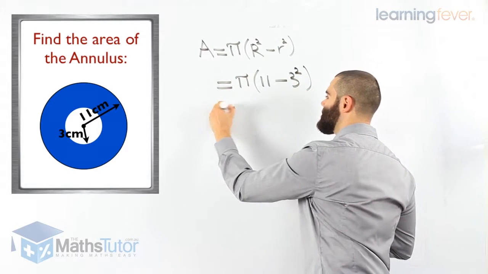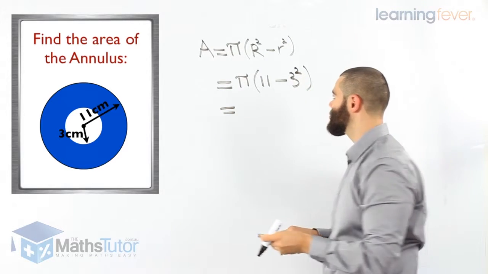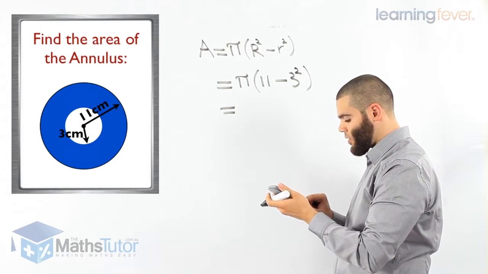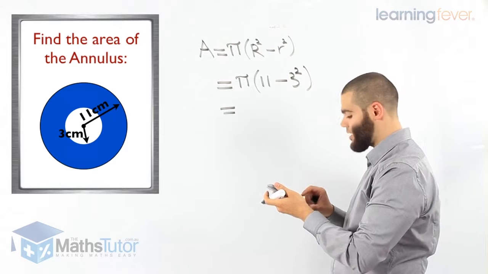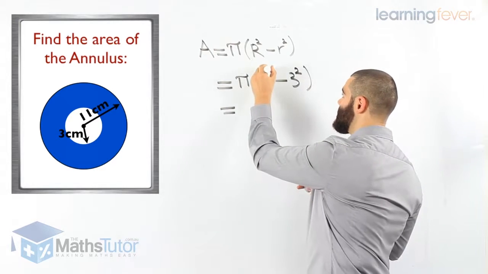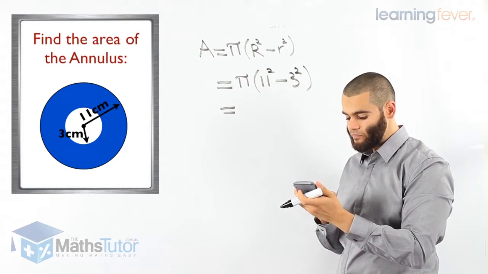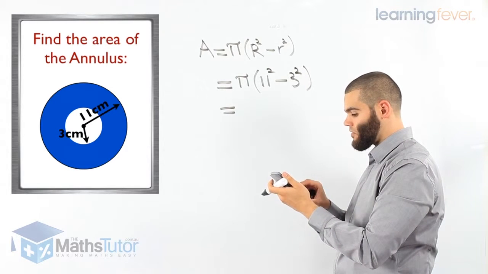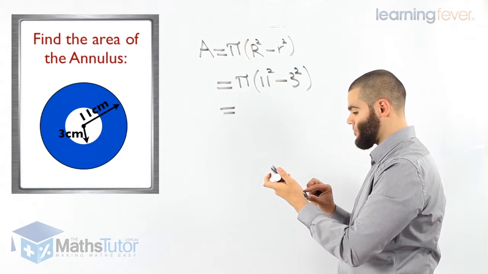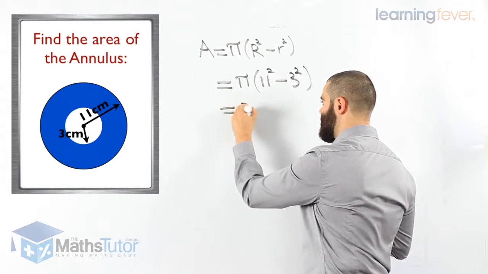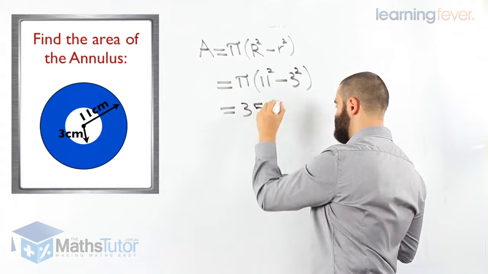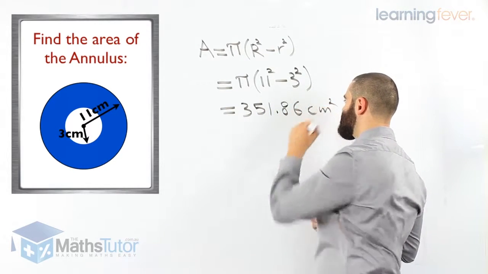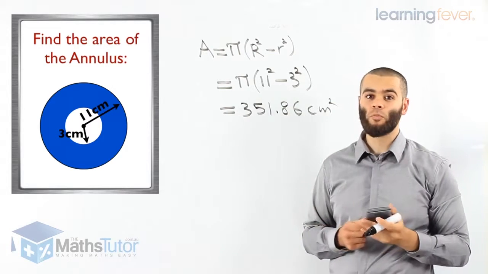Close bracket. Again, let's grab our calculator. Do it together. Do it with me. That way you can get used to it. Pi times, then we open the bracket, 11, and we notice here 11 squared minus 3 squared, close the bracket, equals 351.86 square centimeters to the nearest 2 decimal places.